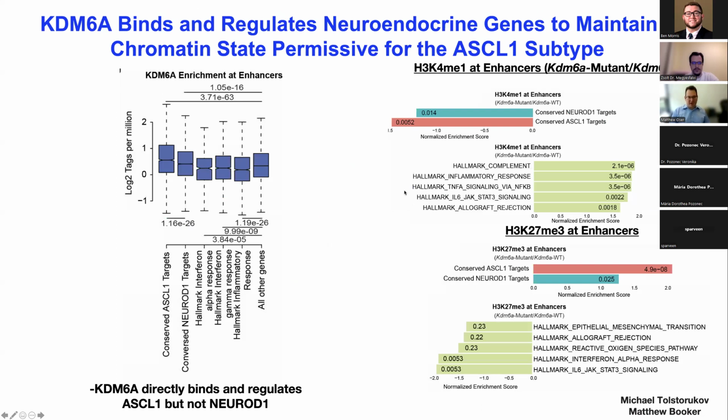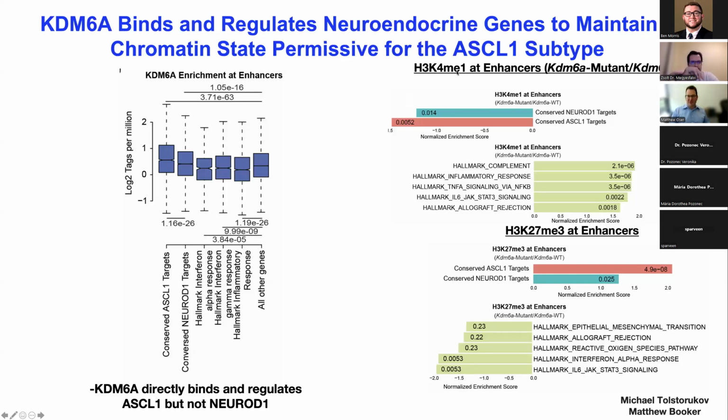And so we started to look really genome-wide to analyze ChIP data of KDM6A ChIP and enhancers. And what we found, consistent with our hypothesis, was that KDM6A was most highly enriched at ASCL1 targets across the genome compared to really all other genes. And then when we compared H3K4 monomethylation at enhancers in KDM6A wild type versus KDM6A mutant mice, and H3K27 trimethylation at enhancers, we saw the changes that we'd expect associated with KDM6A loss.